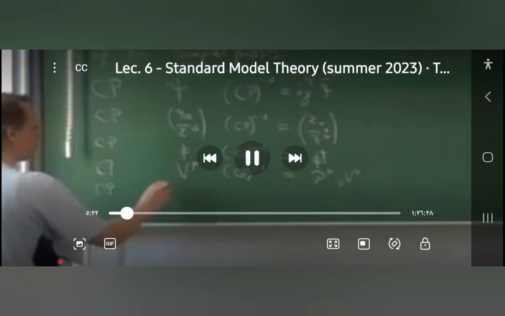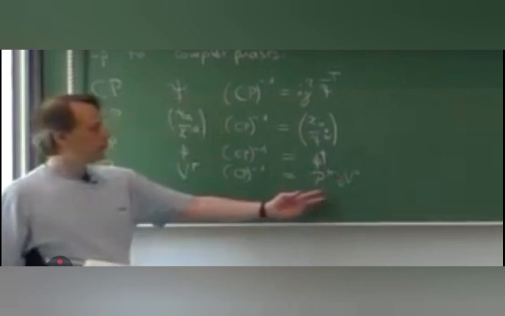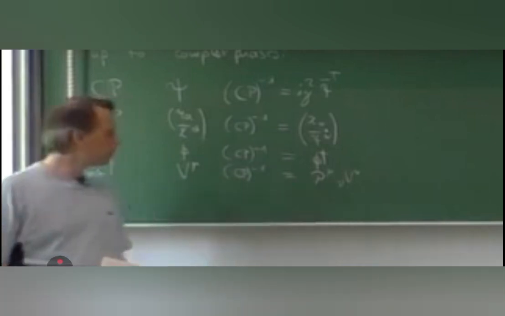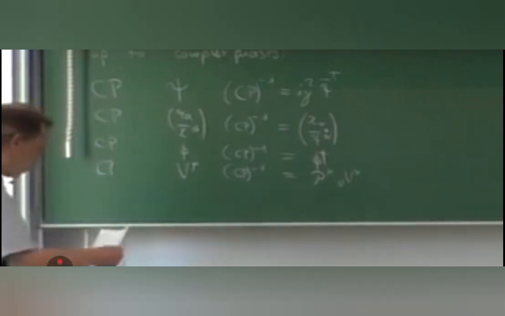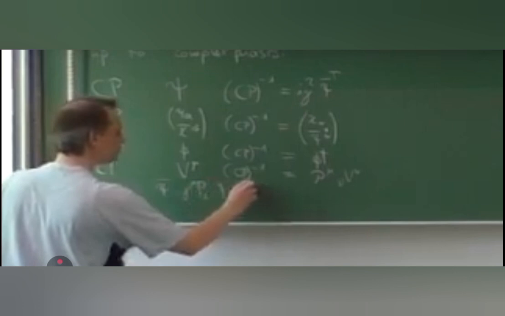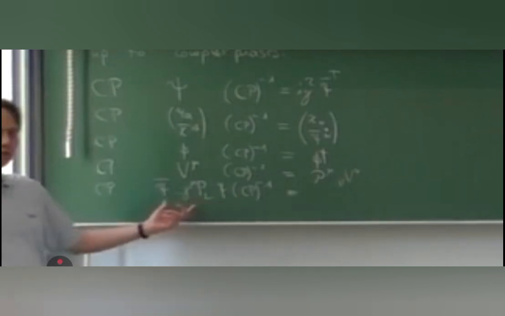And then, for example, if you have such a combination which typically appears in the Lagrangian, psi bar gamma mu P_L psi, and you transform the overall combination, so that would be something that appears in the kinetic terms and in the interactions between quarks, leptons and gauge bosons in the standard model, of course.